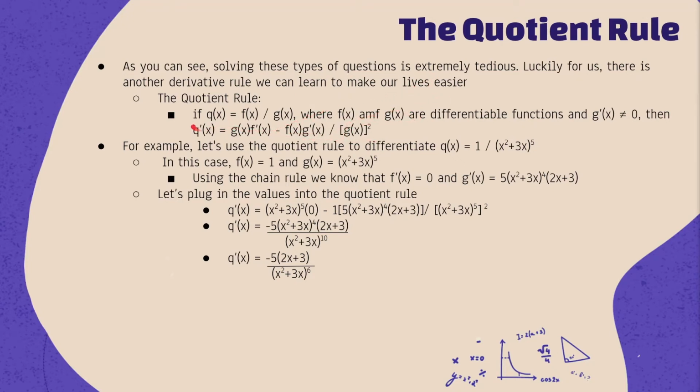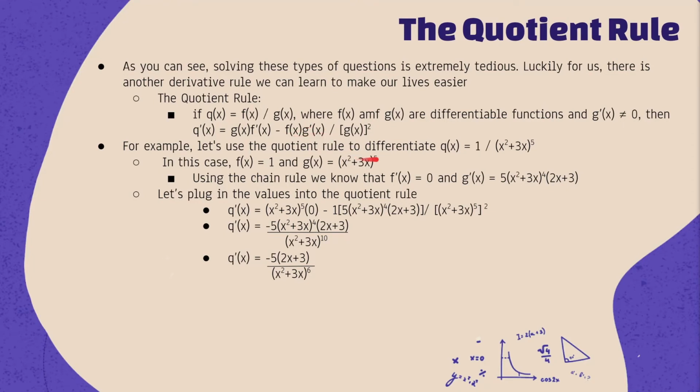So again, this is a pretty complicated expression. We have f prime of x times g of x minus f of x times g prime of x divided by g of x to the power of 2. This again is very, very long, and for that reason we are going to have to do an example.